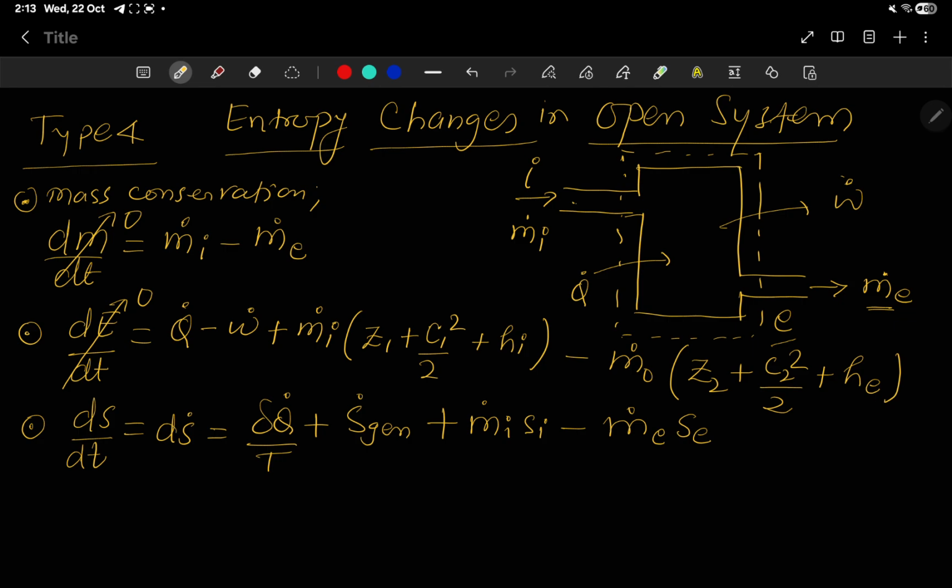Okay, now what is happening in case of steady state? What is going to happen? This dS by dt will be 0, right?